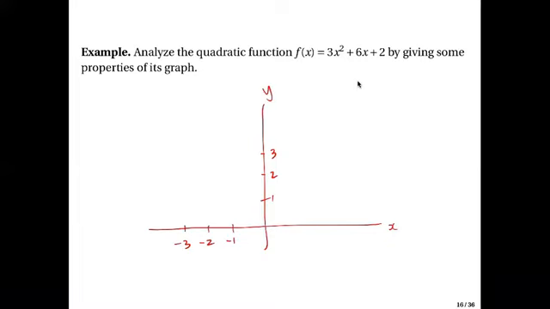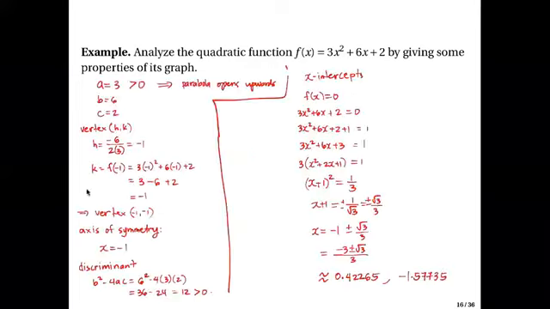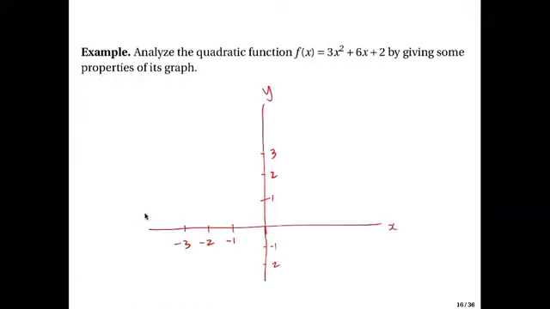And then below here, you have negative 1, negative 2, etc. And the vertex, according to our calculation, is negative 1, comma, negative 1. So it's at this point here.